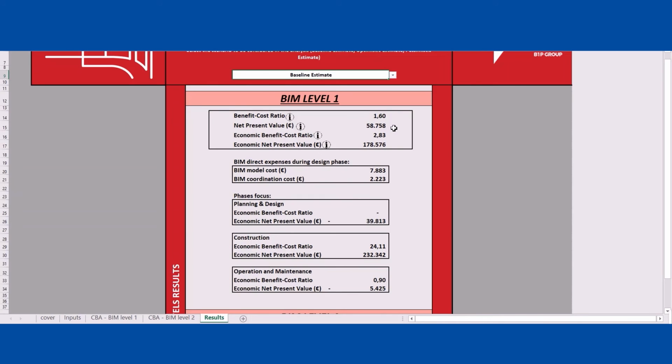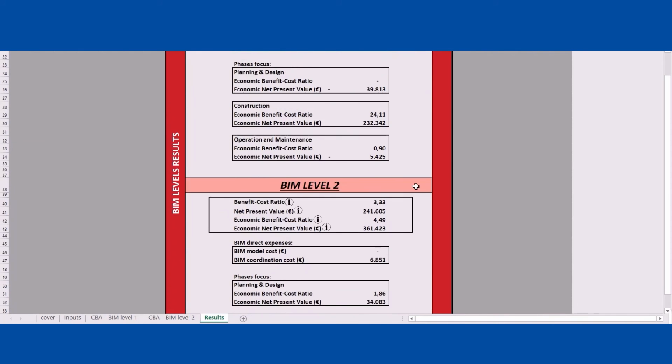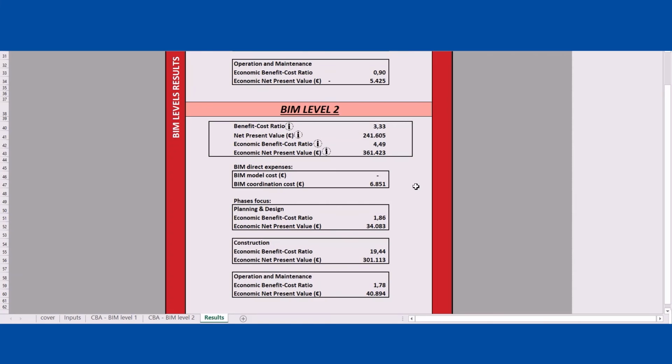In this sense, the adoption of BIM in this case study is expected to be advantageous and sustainable. The layout of results for BIM Maturity Level 2 mirrors the BIM Maturity Level 1 results. To understand how the indicators and the values reported in this page have been obtained, it might be useful to check the pages dedicated to the cost benefit analysis.